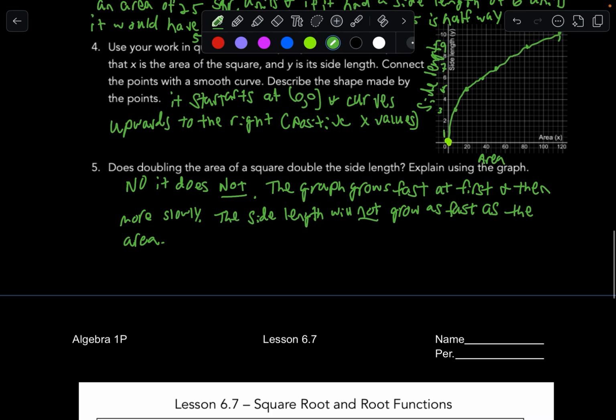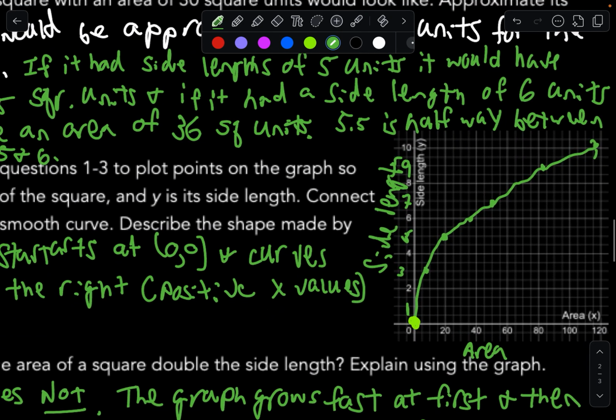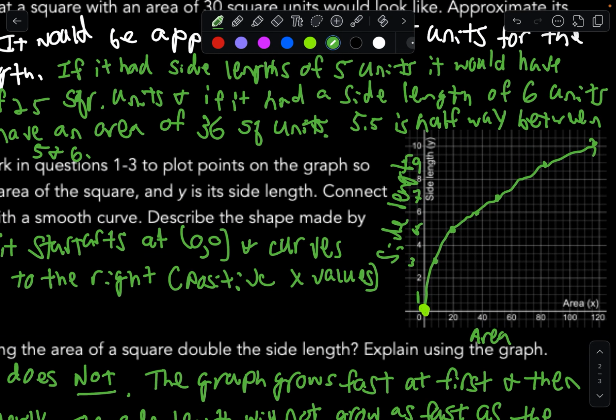All right, let's go back and fill in some information about what the graph looks like. This graph that you see here is the square root function. Okay, y equals the square root of x.